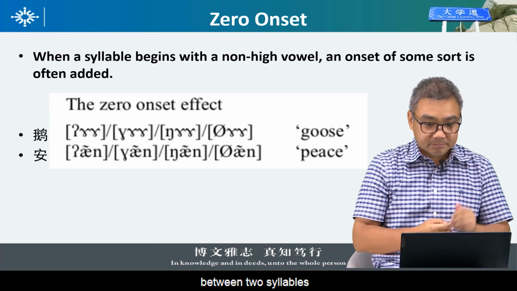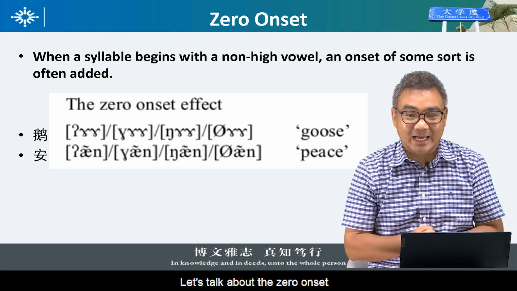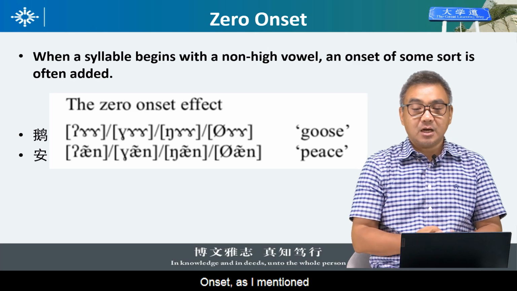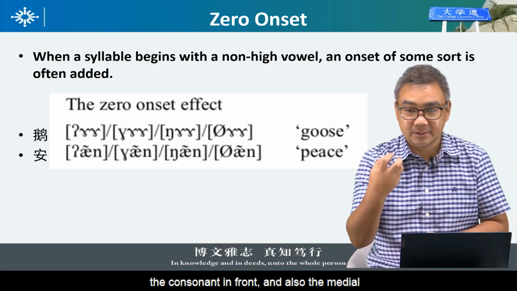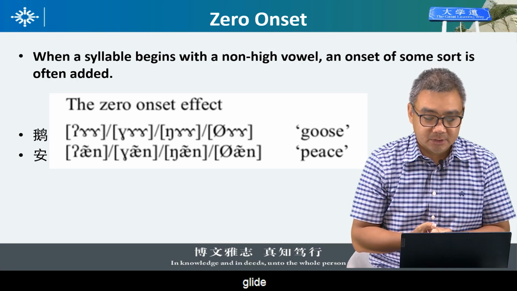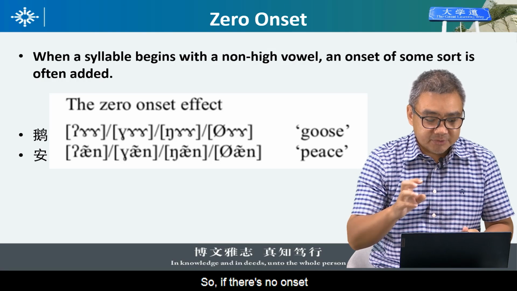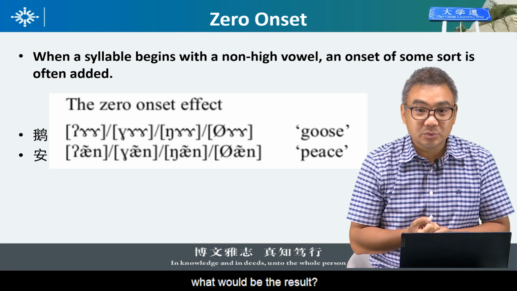Okay, let's talk about the zero onset. What is onset? Onset, as I mentioned, sometimes includes the initial, the consonant in front, and also the medial, or the glide. Okay, so if there's no onset, what would be the result?